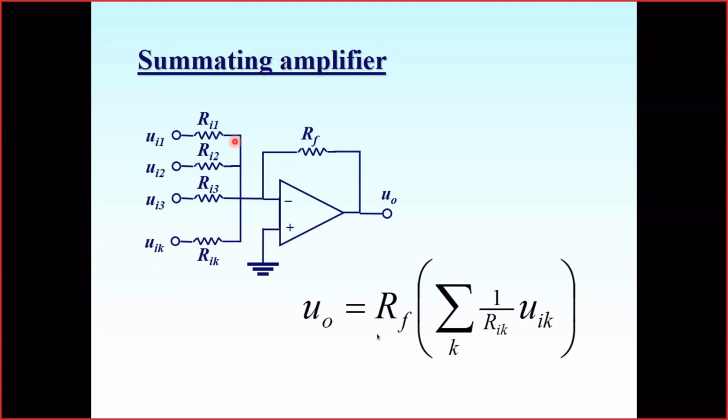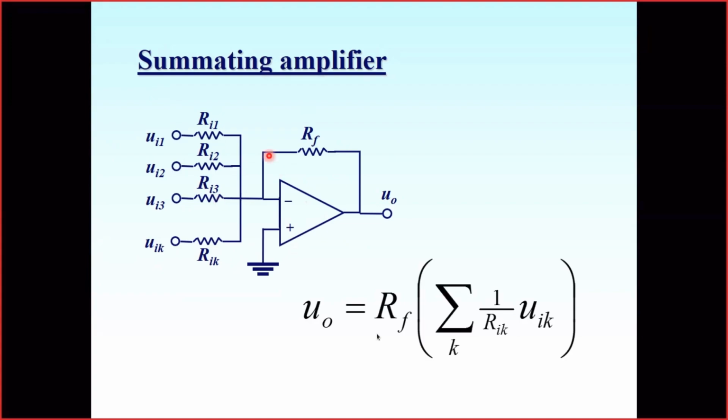But all these currents add together in this point, and then it depends on which currents are bigger. If the positive currents which flow that way are bigger, they overpower, let's say, the currents that go back. So all these currents will be added together algebraically, which means taking into account the sign.